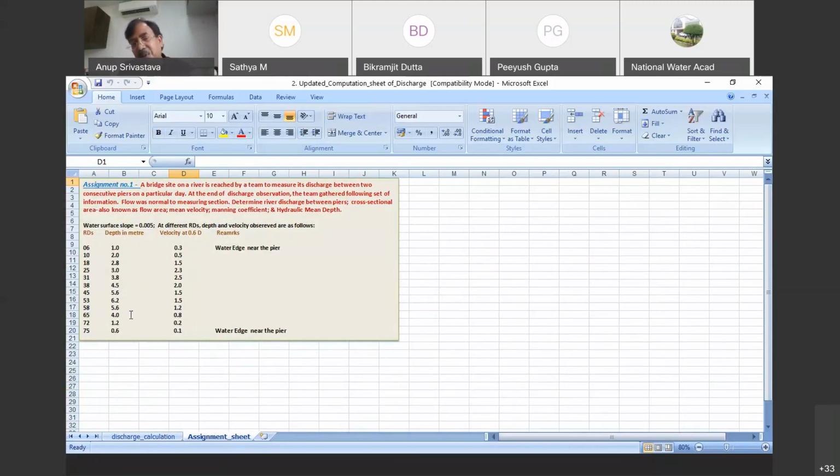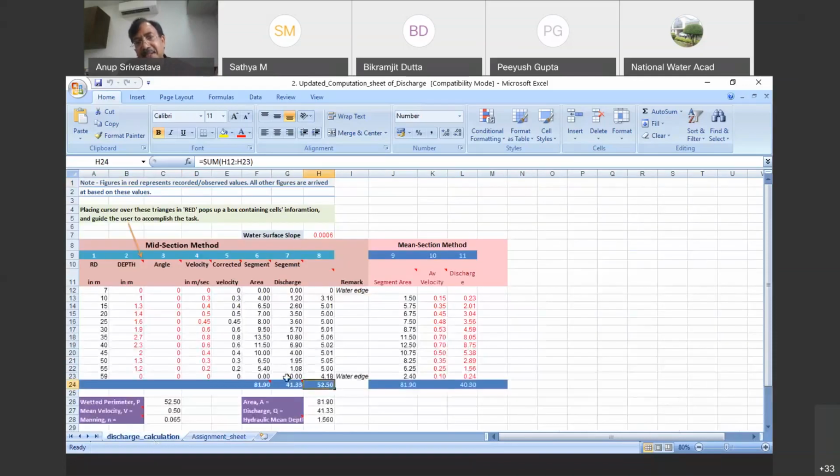this one and 0.6. So suppose in the real world you are facing a scenario where there is a certain depth at either end, at the river bank, then you can add that value to your weighted parameter.